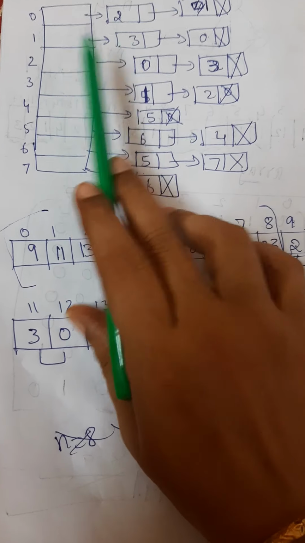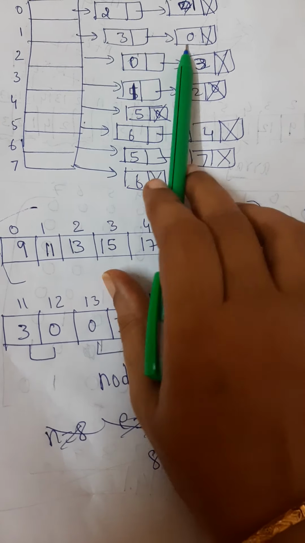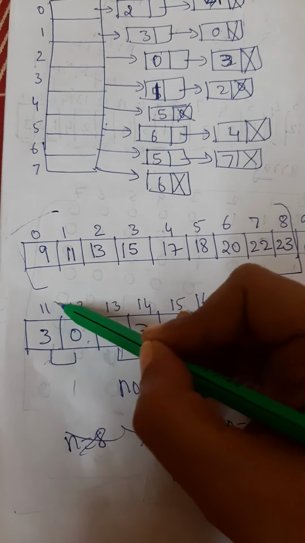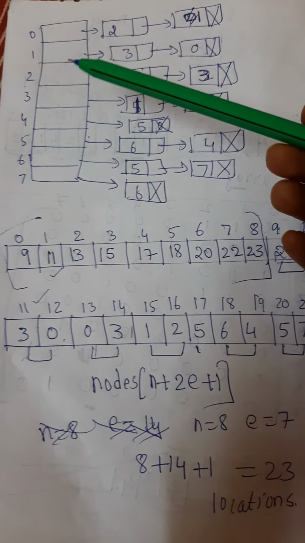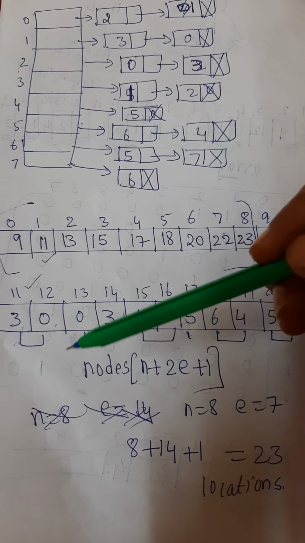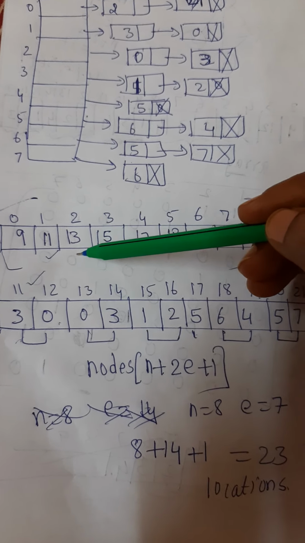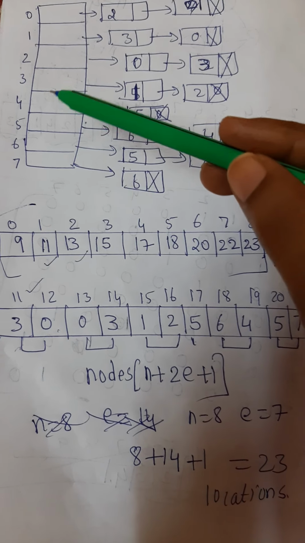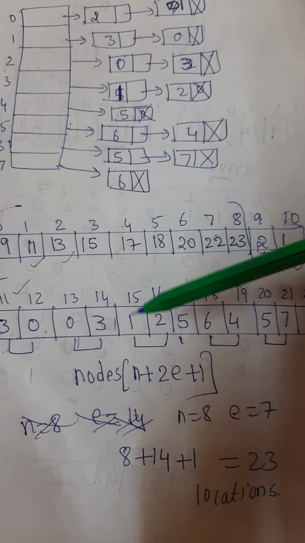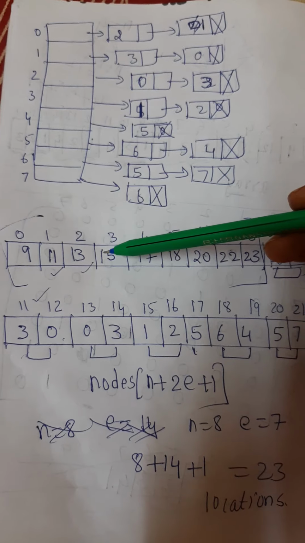Now come to 1. What are the adjacent vertices for 1? 3, 0. Where is it starting? It is starting at 11. Same for 2. It is 0 and 3. Where is it starting? At 13. Now coming to the next one, 3. It is 1 and 2. It is starting at 15.